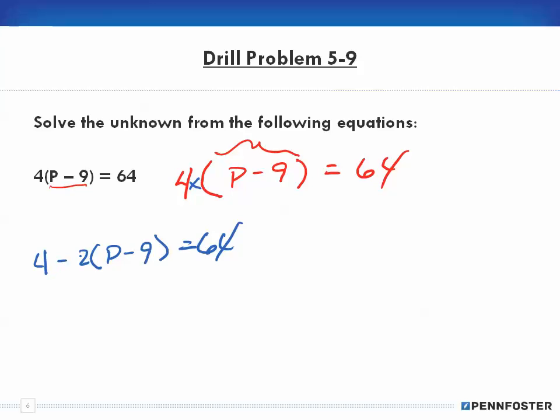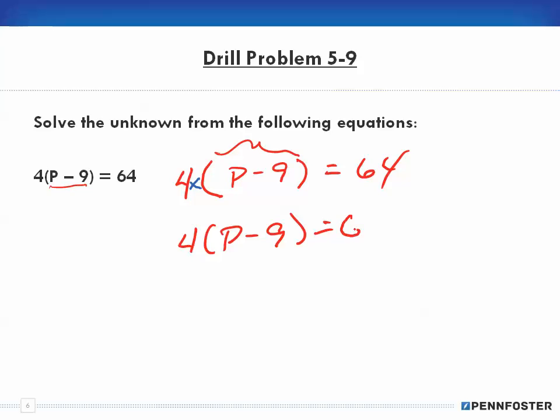I do multiplication and division before I do addition and subtraction. So just be aware that when the number is right up against the parentheses, that means we're multiplying there. So I have 4 times the quantity, p minus 9 is equal to 64.